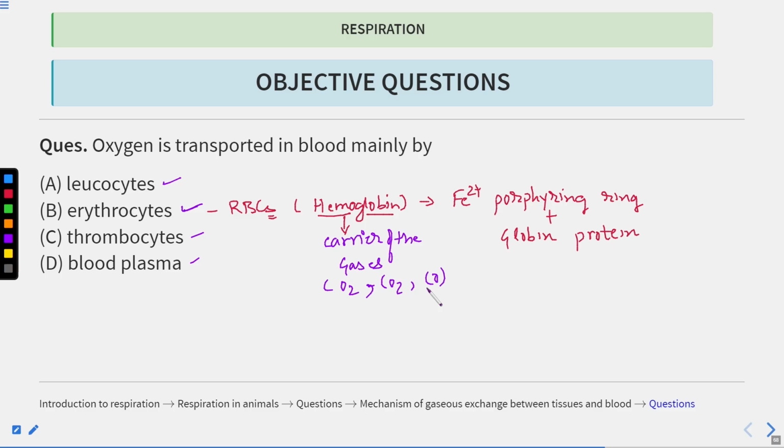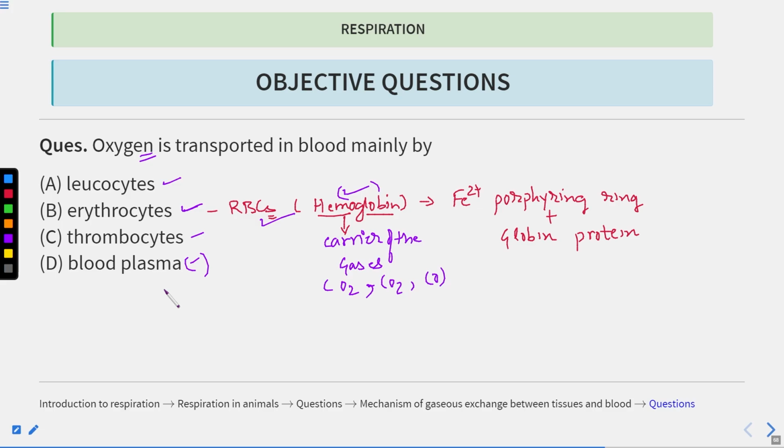Here we are talking about oxygen. In humans, the RBCs consist of the pigment hemoglobin, which is the carrier of oxygen. Around 98% of the oxygen is carried by the RBCs and 2% is carried in dissolved form in the plasma.